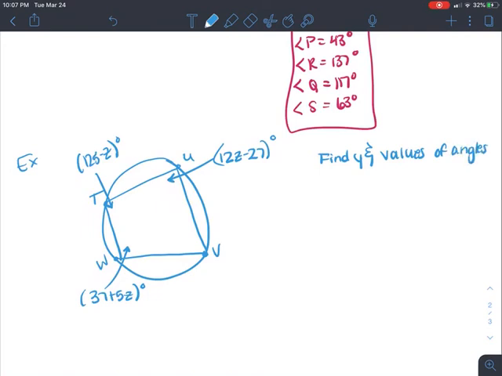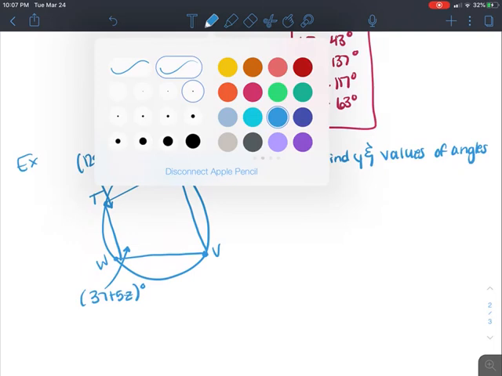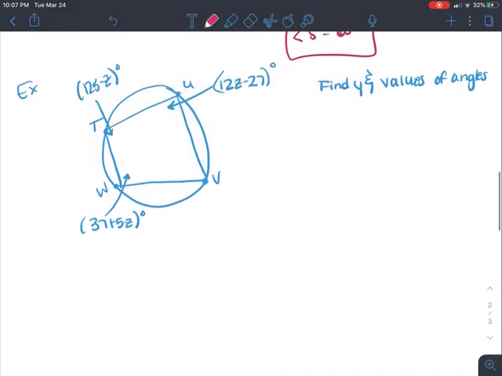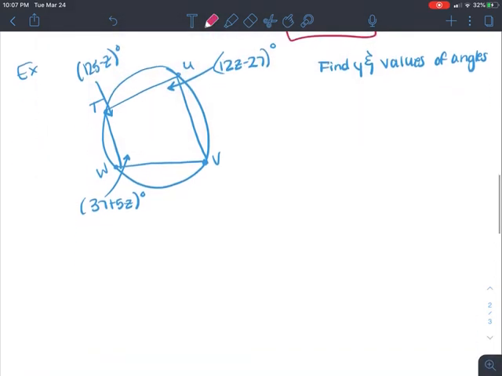Again, I'm going to use my nice pink that I liked. I'm going to use U and W, since those are opposite angles that both have values, and I'll set them equal to 180. So I'm going to do 12Z minus 27 plus 37 plus 5Z, all equal to 180.